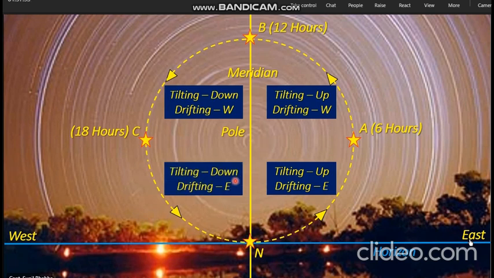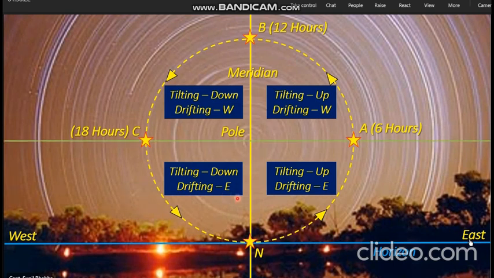Also, if you notice, from point Charlie to point November, the star's azimuth or direction is moving in the easterly direction. It is moving towards the right side of the diagram. The right side of the diagram is the easterly direction. So the drifting of the spin axis will be easterly.